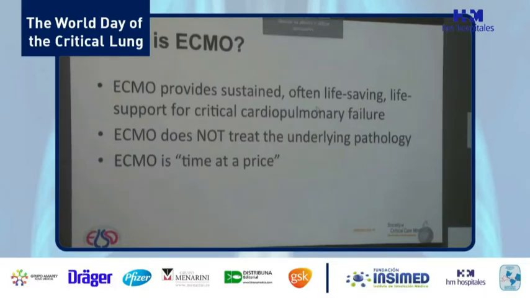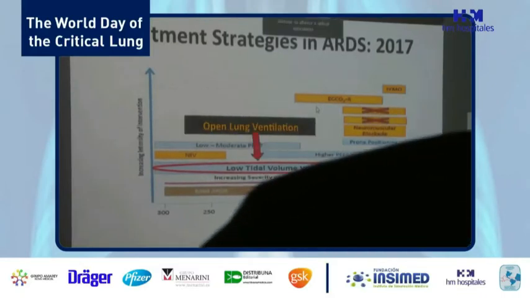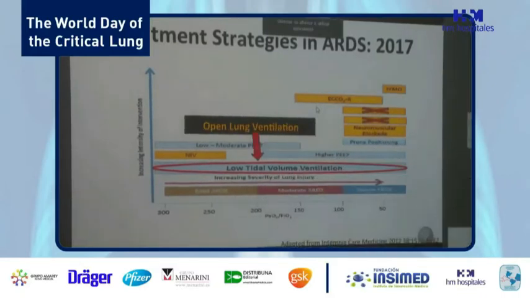As an overview, as Dave alluded to, current treatment strategies in ARDS in 2017 really still focus on this diagram that was put out at the time, the Berlin criteria. We look at prevention or early treatment for ARDS before the inciting event. We can look at open lung ventilation, though I think there are some questions raised by the recent ART trial.